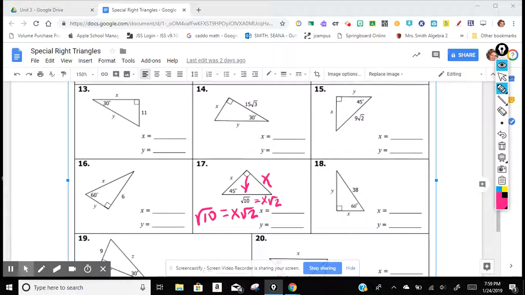They both are not radical 2. So we're going to divide by radical 2. A quick way to do radicals is if they divide into each other, that's like 10 divided by 2, which is just 5. So it'd be radical 5 is your answer. You could turn it to a decimal, but you could also just leave it exact. Okay, so there's how you do 45-45-90s.